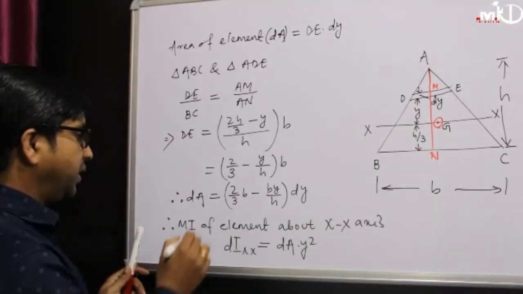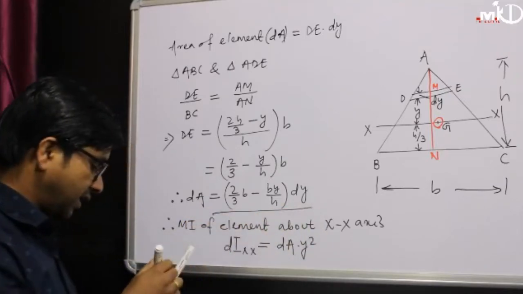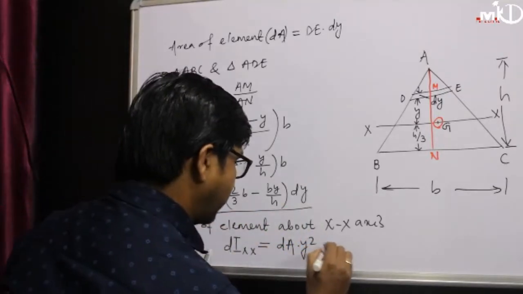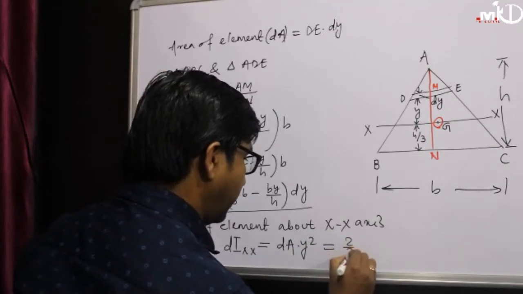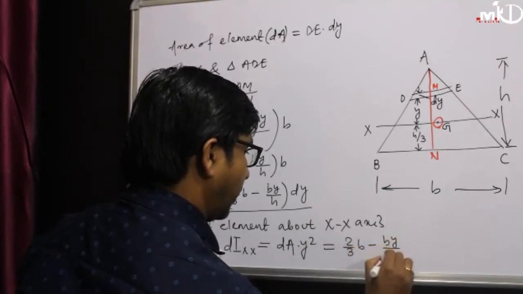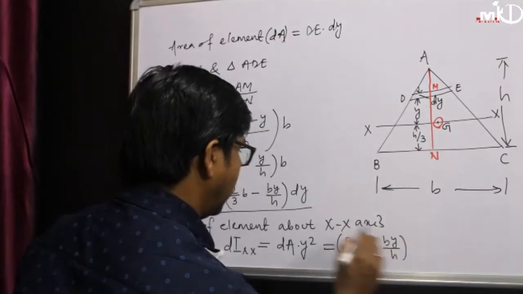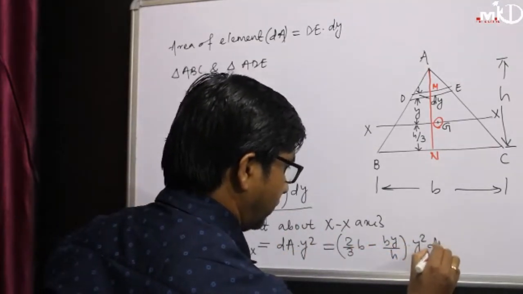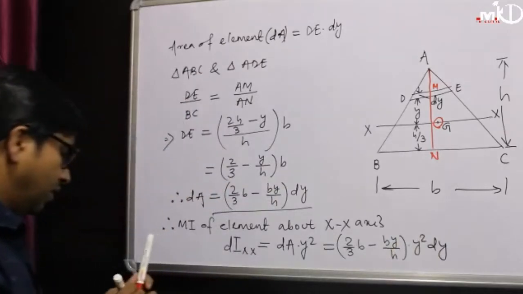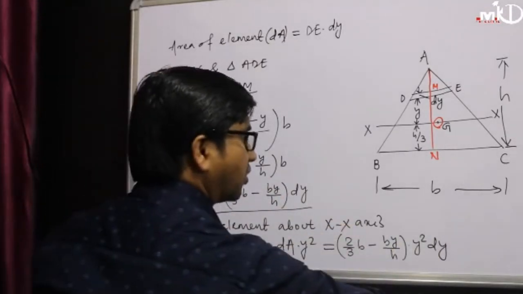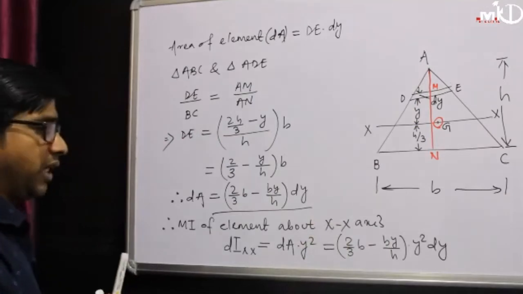Now put the value of dA, which we have already found: 2 by 3 b minus b y by h, whole into dy into y squared. Clear? So now this is the moment of inertia for the element DE about x-axis.